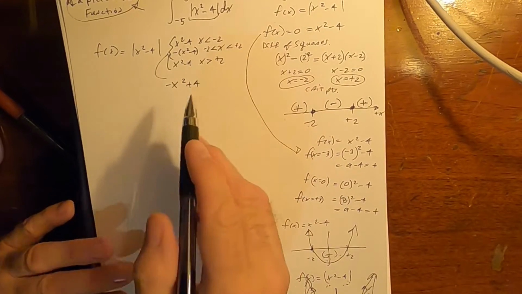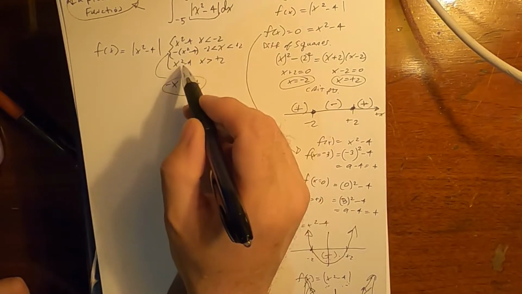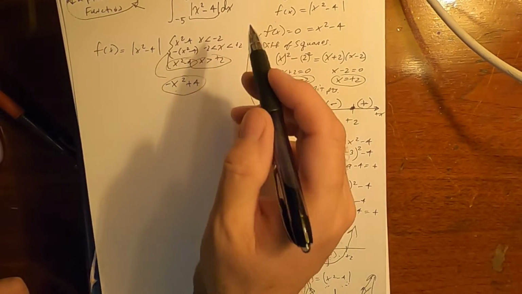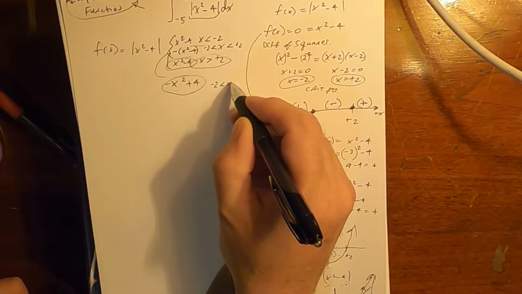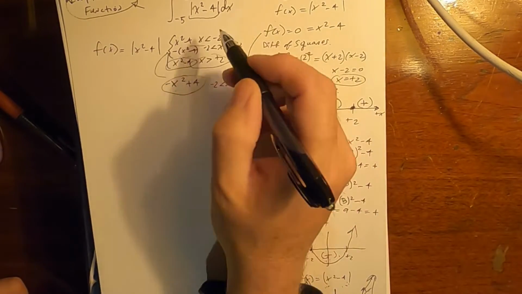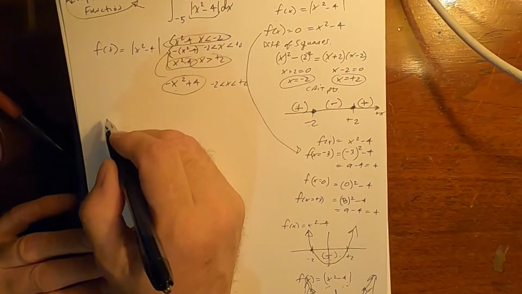You see? So it's a different function. That's what we're going to integrate in here, for -2 less than x less than +2, and then we're going to integrate this guy up here. So watch what this integral becomes.